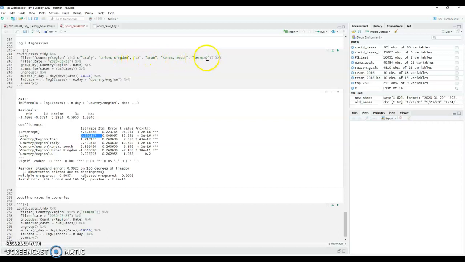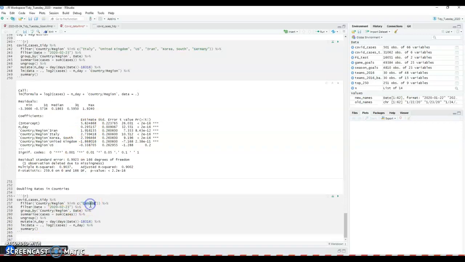I think this is Germany. Germany is our base model here. From there, have a look at the numbers and discuss who's doing best, who's doing worst.